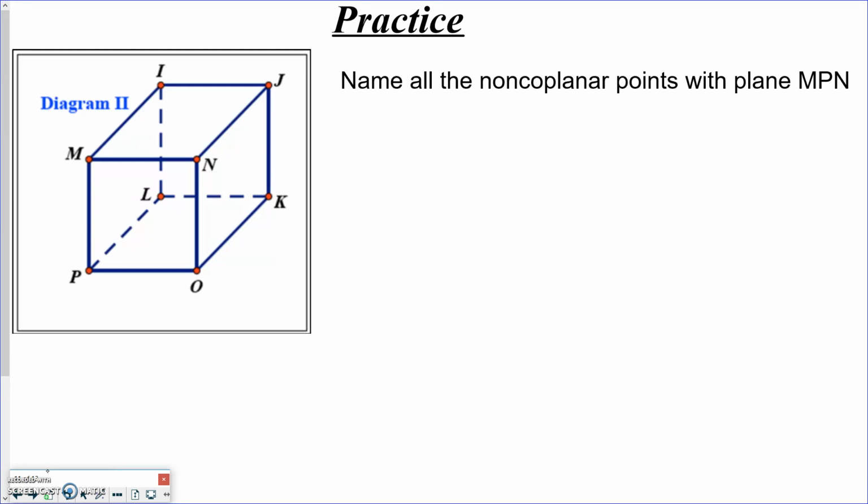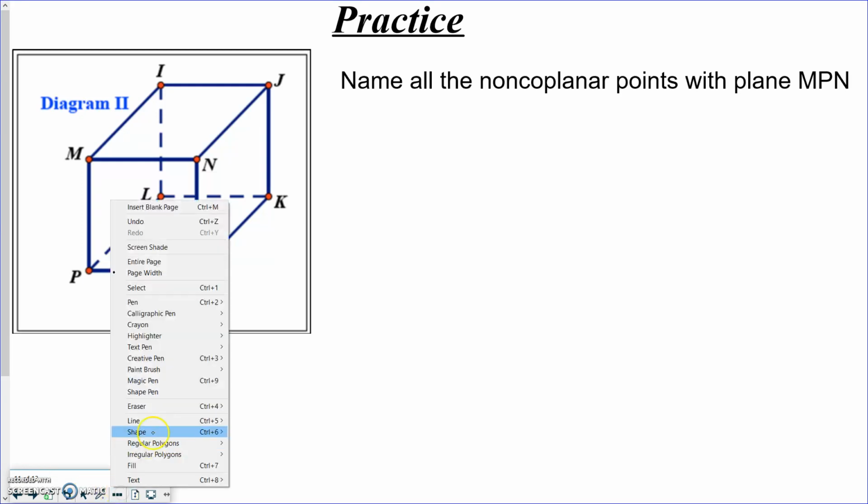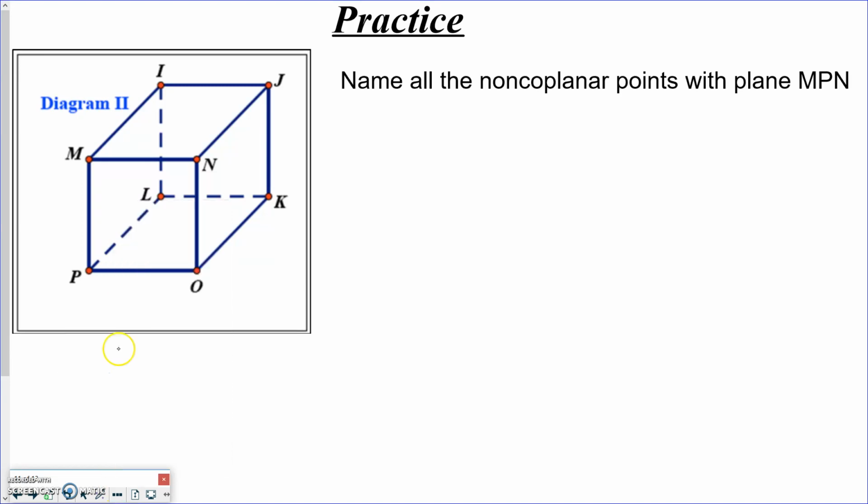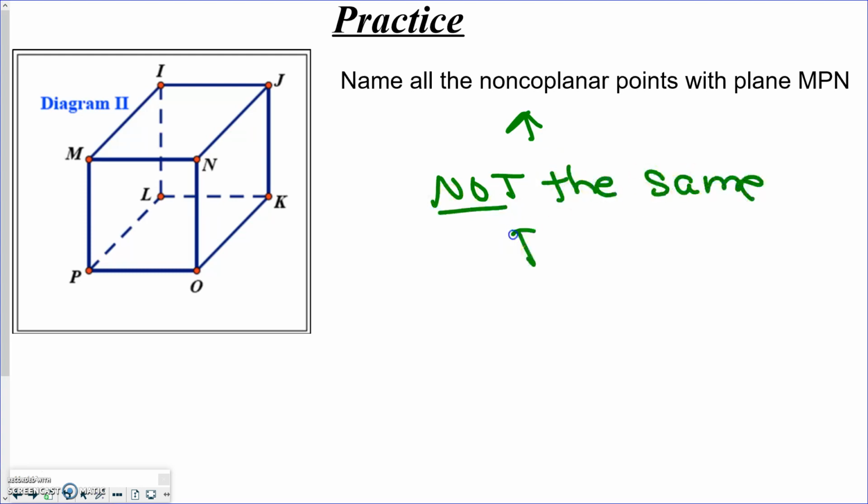Name all the non-coplanar points with plane MPN. So what does non-coplanar mean? It means not the same plane. So here's M, P, and N. It's got coplanar point O, and M, P, and N are not part of the diagonal plane.